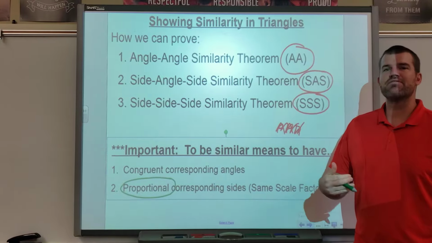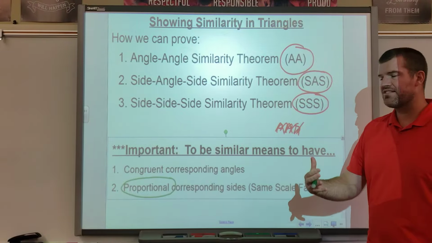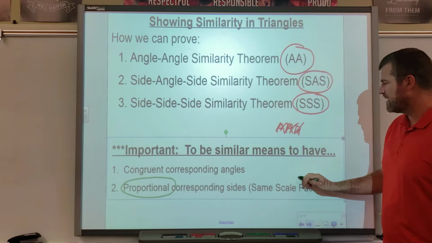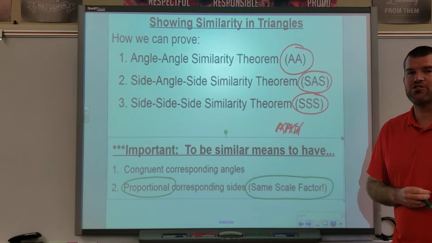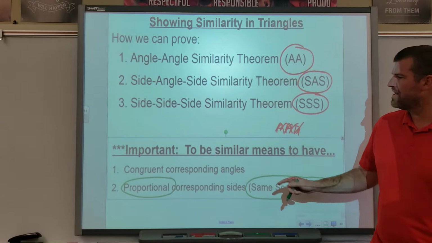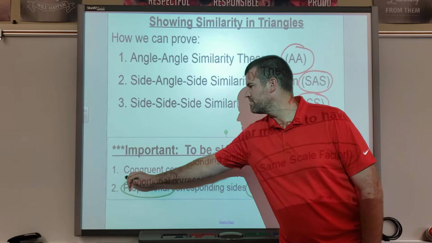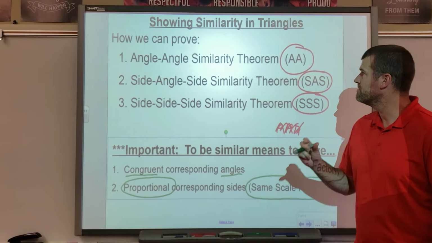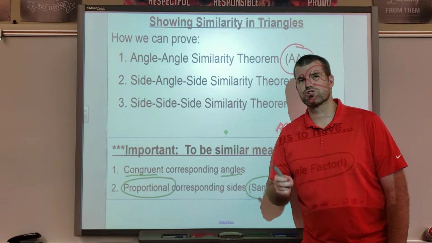So every pair of sides will be in the same proportion. Different sizes, but proportional. Or we can think of that as meaning they'll all have the same scale factor. Angles still does mean that they are congruent. So just like last week, the angles need to be the same, but the sides are going to be proportional.